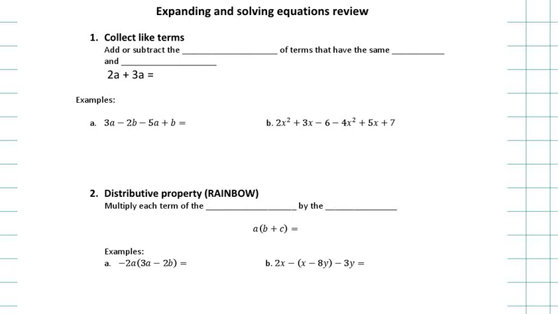So you need to know what a like term is. You need to know what a coefficient is, and you need to know how to add and subtract and multiply terms. Okay? So, to collect like terms, let's first define what a like term is. What's a like term?